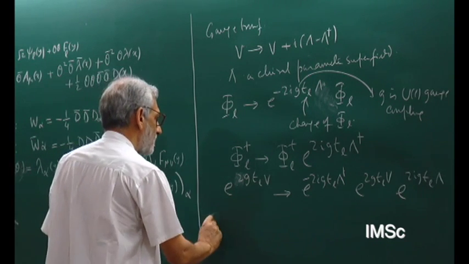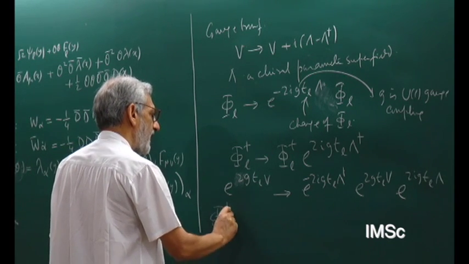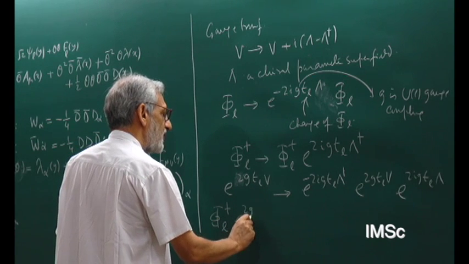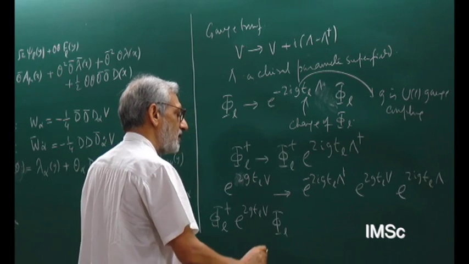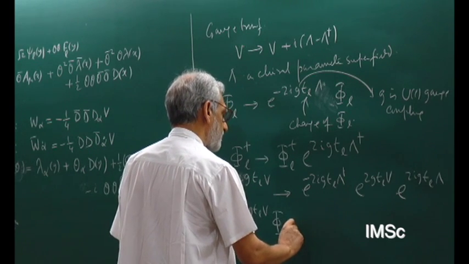This would make the combination Phi_L dagger exponential 2 g T_L V Phi_L gauge invariant.